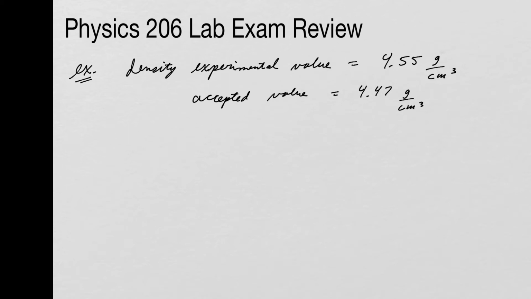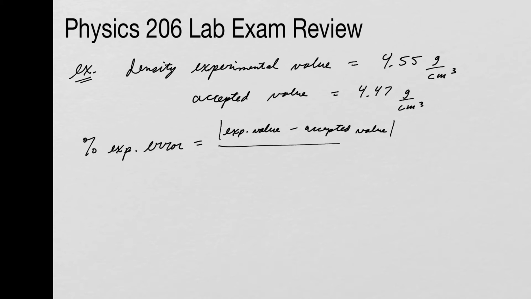So if you want to calculate the percent experimental error, remember what you do is you take your experimental value minus the accepted value, absolute value of that, so you just make it positive, divide by the accepted value. That's important. So in the denominator is going to be the accepted value, and then times 100.